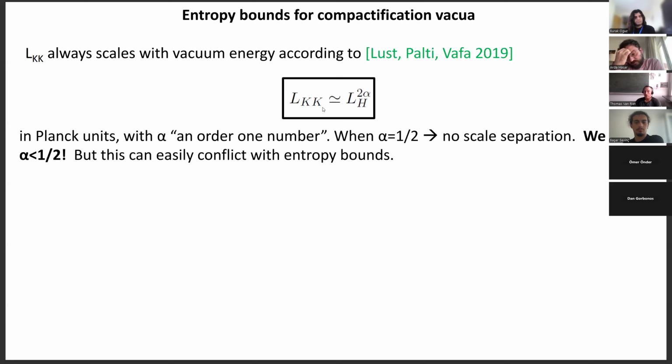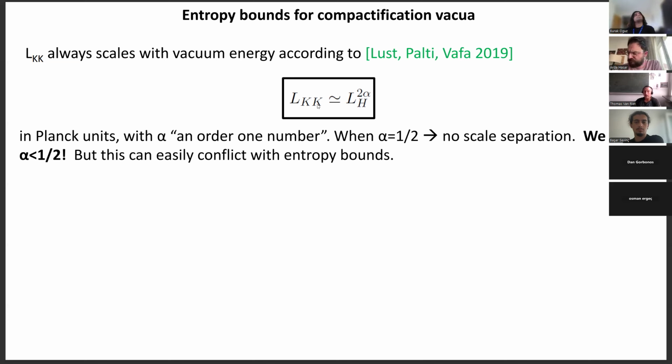They took a parametrization inspired by all the string theory solutions they knew. In string theory, and in every solution we know, it is true that the Kaluza-Klein scale is always some power of the AdS scale, which I've called the Hubble scale. Maybe it's bad language, but for me, Hubble is always the size of the observable universe. So what they've done is say, okay, let us invent a number. We call it alpha.